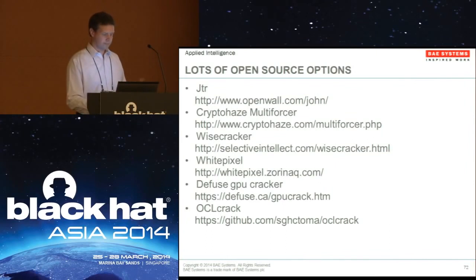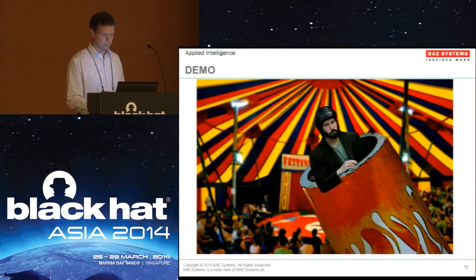White Pixel is a diffuse GPU cracker. It's a CUDA-based one that supports multiple salts, so I based mine on that. And OCL crack. Basically, have a look at it, see what compiles, or see what sort of coding style you're happy with, and then just build on it from there. There are other alternatives, but those are the ones that I sort of went with.